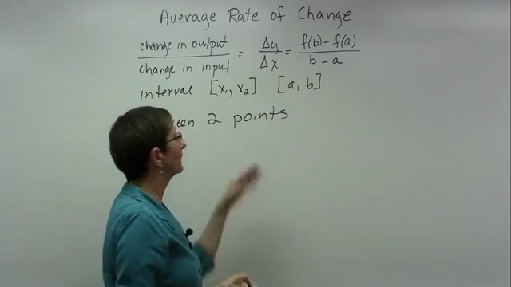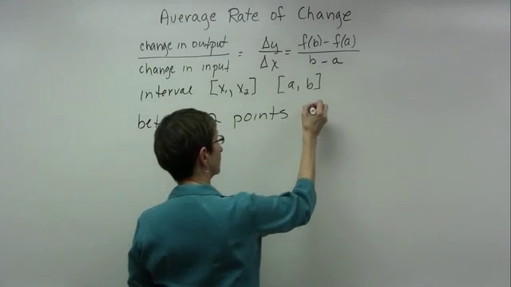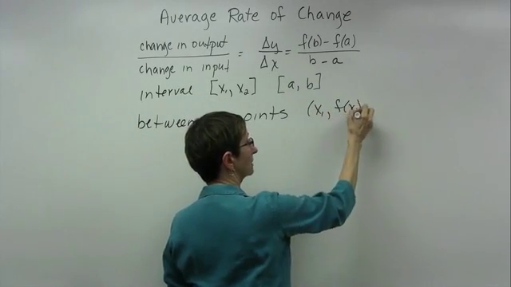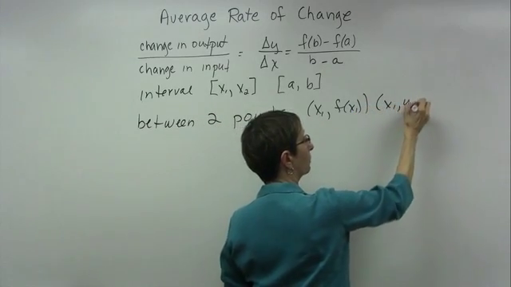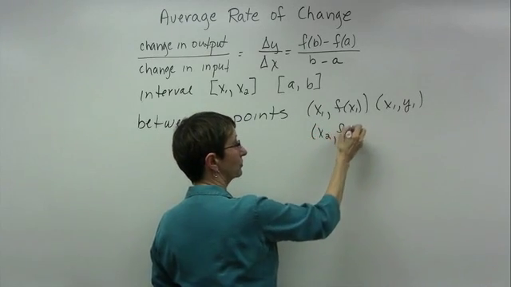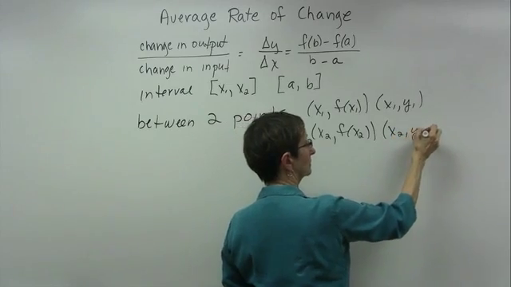So if we have points and we're talking x1 and x2, we have a point x1, and then you could call it f of x1, or you could call it x1, y1. And then, of course, x2, f of x2, or x2, y2.